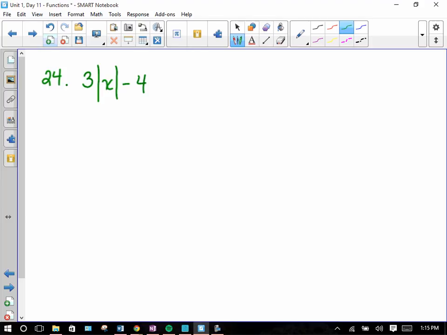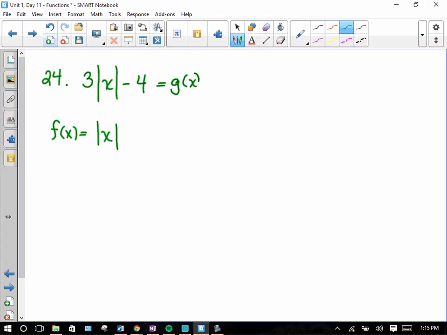First thing it says is identify the parent function. What is the parent function for this graph? Oh. So the parent function would be the absolute value of x. Good. Okay.